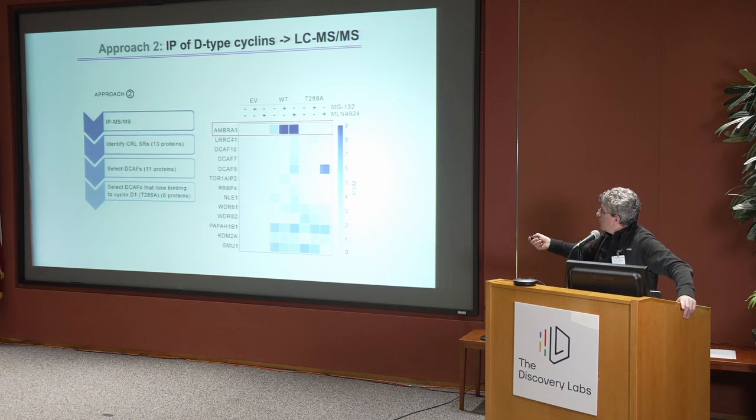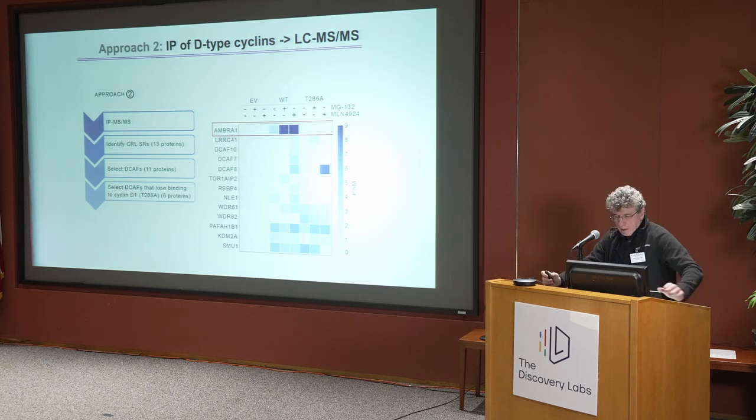And so when we IP'd cyclin D1 wild type, we saw a number of ubiquitin ligases, but the one that behaved the best, as expected in a way, was AMBRA1. AMBRA1 only comes down with the wild type, not with the mutant, and the binding increases in presence of proteasome and CRL inhibitors.